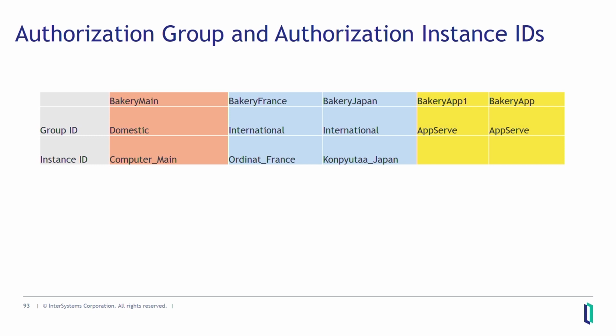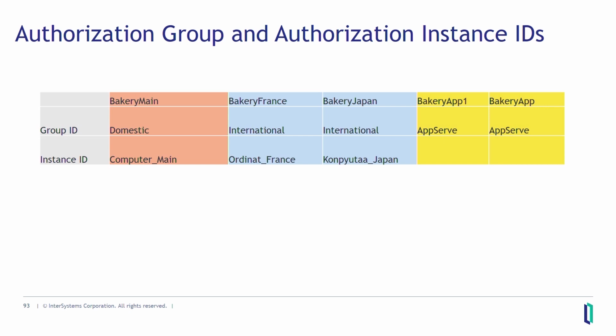So to accomplish this, we're going to specify some group and instance IDs. Like we saw before, for our main instance, we're going to call the group ID domestic, the instance ID computer_main. For the France and Japan instances, we're going to give them the same group ID of international and different respective instance IDs, Ordinateur France, Computa Japan.